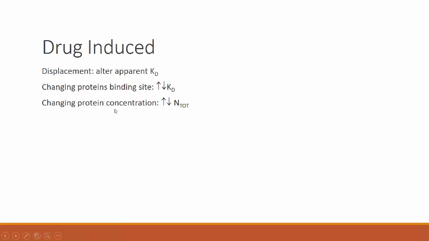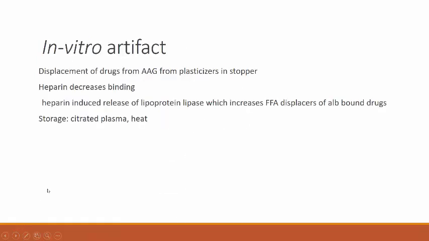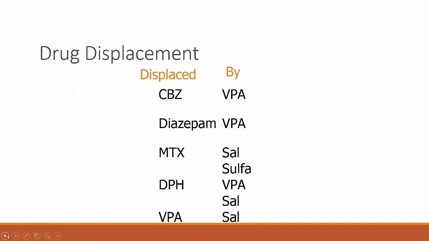If you have increases or decreases in the amount of protein itself, you're going to see an increase or decrease in the capacity, which is the total amount of binding sites available. Also, here's a list, and again, I don't expect you to memorize these, but it's a partial list. So carbamazepine can be displaced by valproic acid.